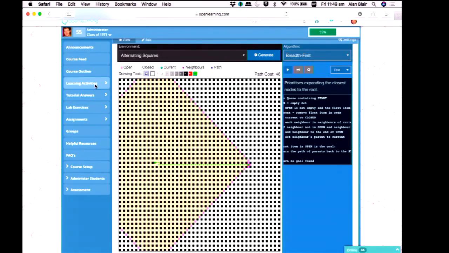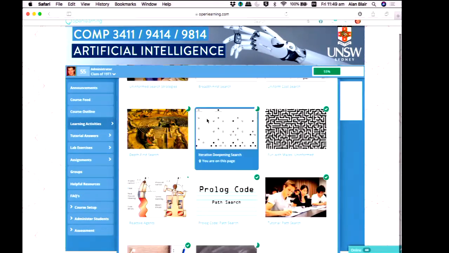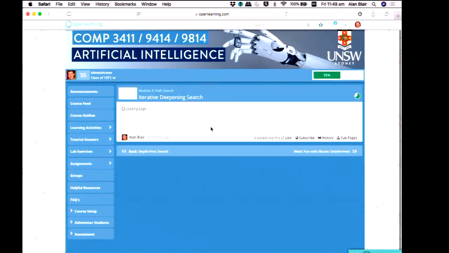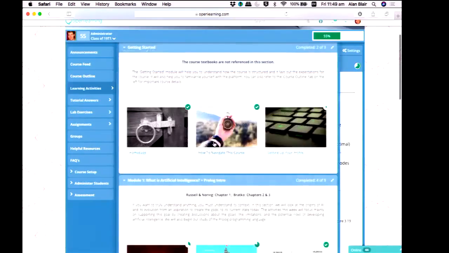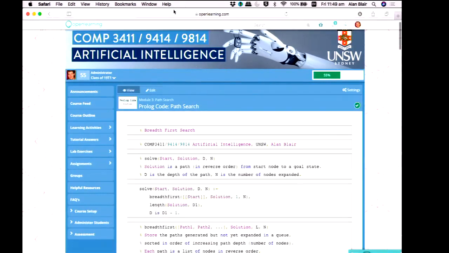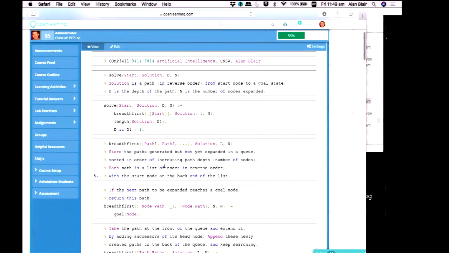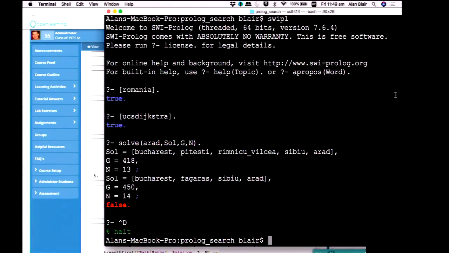Okay, good. Now the other thing I want to show you, I've provided some Prolog code for you. You can download this and run it. There's some instructions here on how to do that.